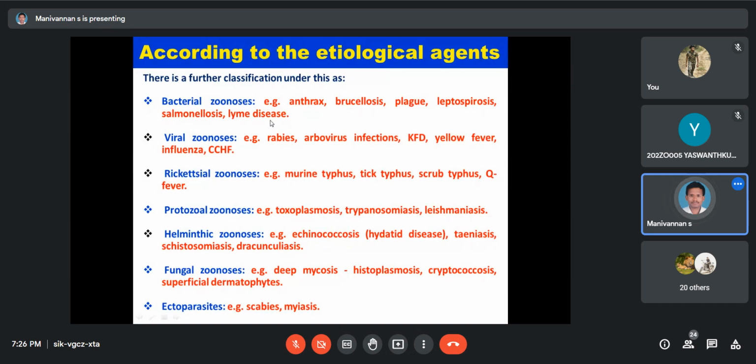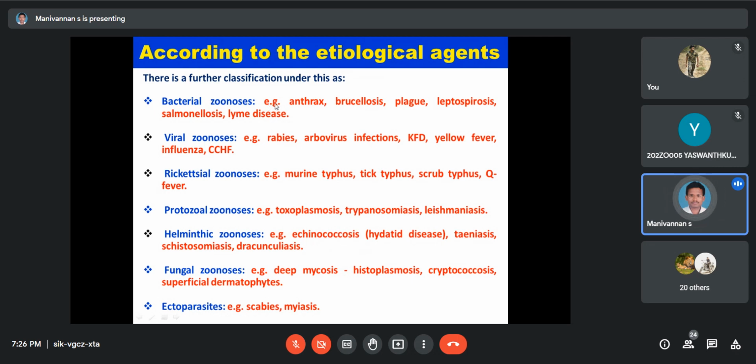Next one, protozoan zoonosis, and spongiform encephalopathies and mad cow disease. Some of the diseases are ectoparasitic, for example myiasis and scabiasis.